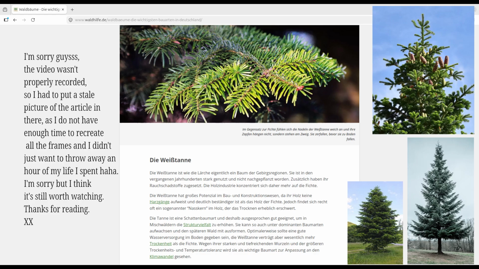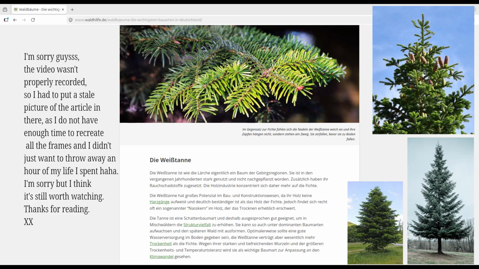So, in contrast to the fir, feel themselves the needles of the, this is genitive form, silver fir, soft on, you could say, but we're just going to leave that, feel soft, and her or its cones hang not, but stand at the or on the branch.